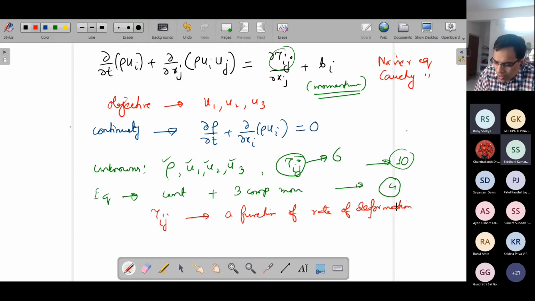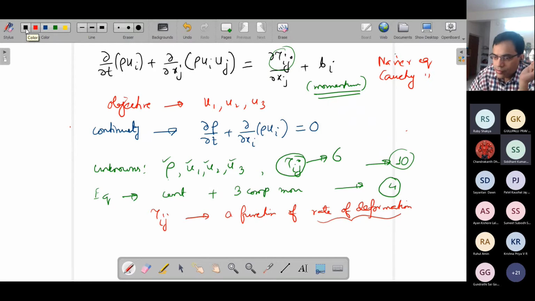And to understand that functional characteristic, we also have to know how to write mathematically the rate of deformation. This was one of the motivations of studying the rate of deformation in the fluid kinematics chapter that we had learned towards the beginning of this course.